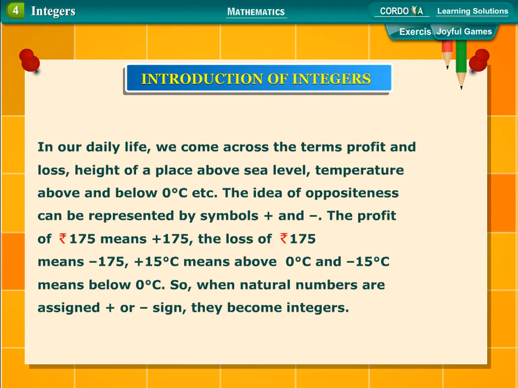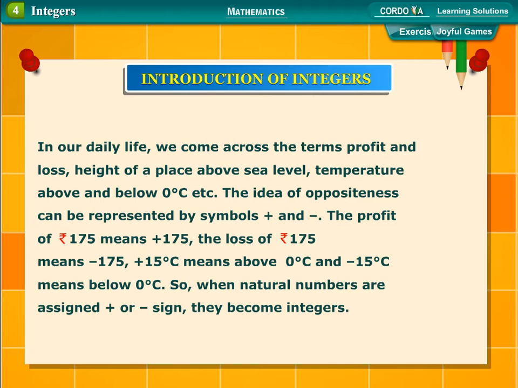The idea of oppositeness can be represented by the symbols plus and minus. The profit of rupees 175 means plus 175. The loss of rupees 175 means minus 175.